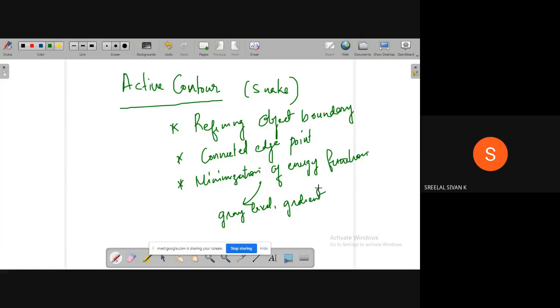By minimizing that function, you connect the edge points or pixels with your starting pixel. So you'll start with the initial pixel, and using minimization of the energy function, other pixels will be added and merged with your initial pixel. That is the mechanism used here.